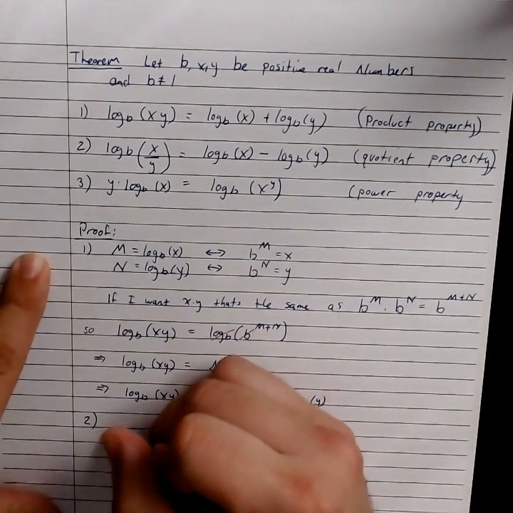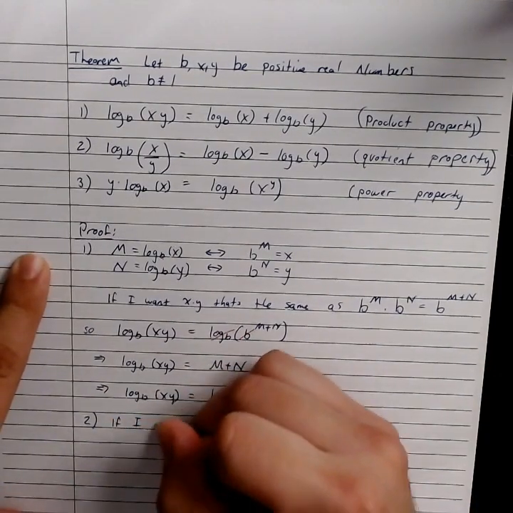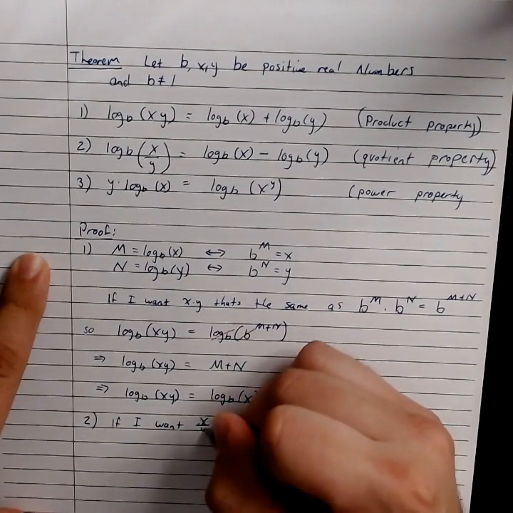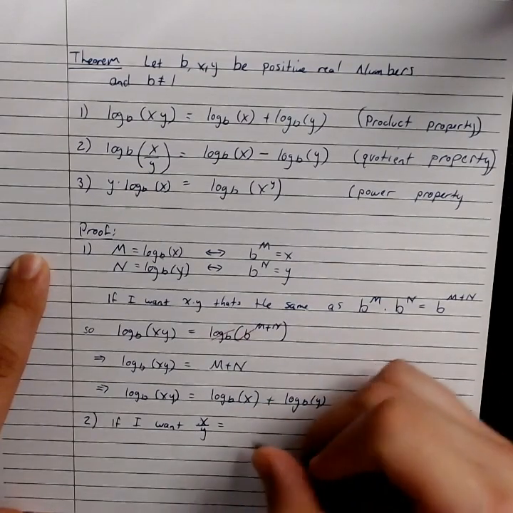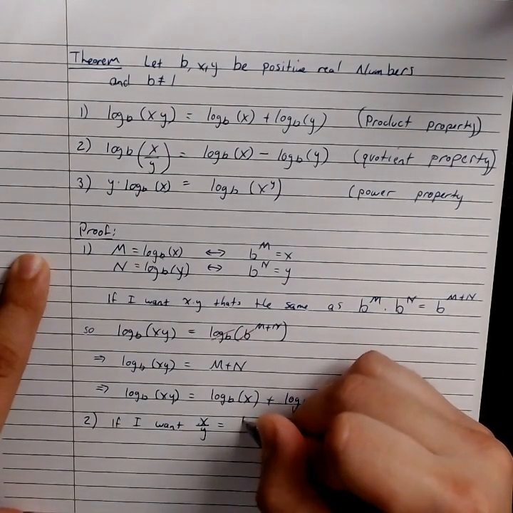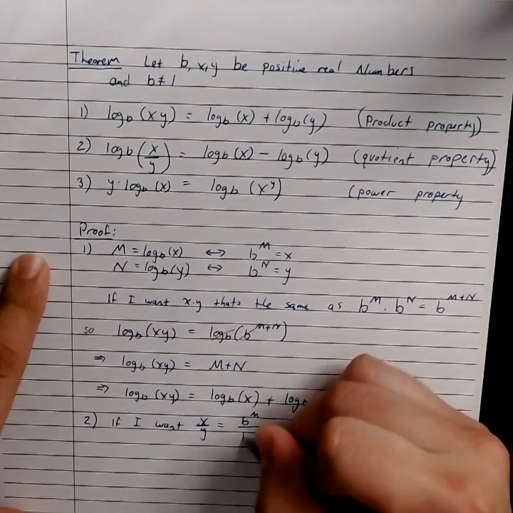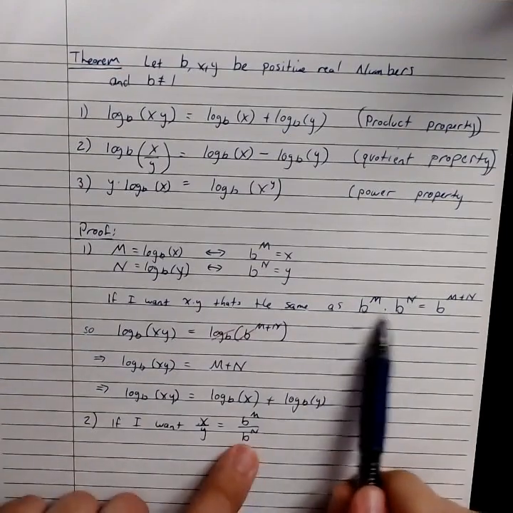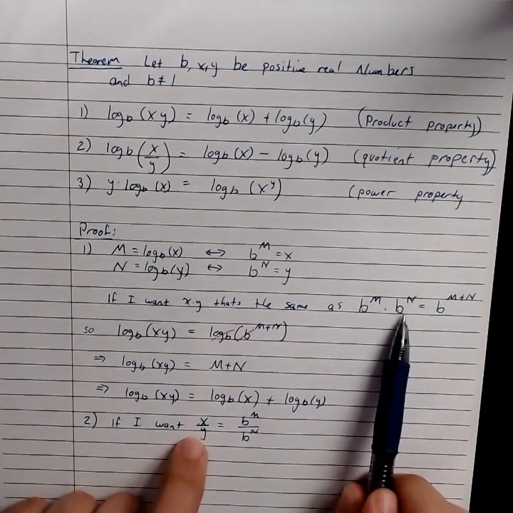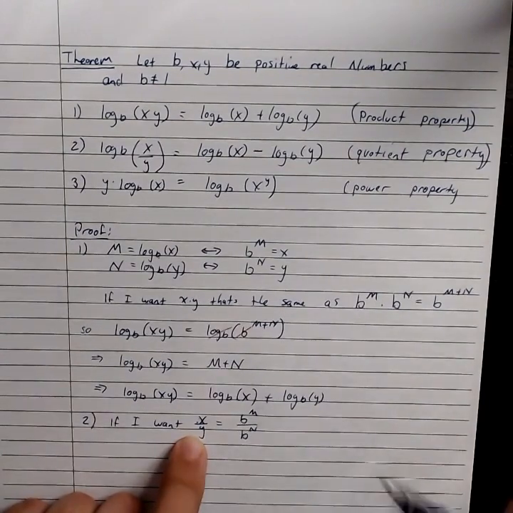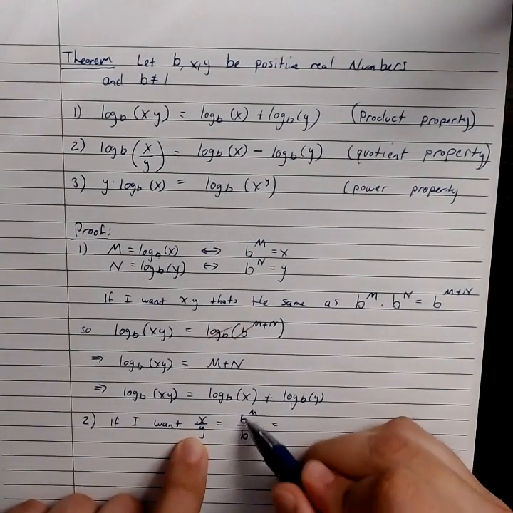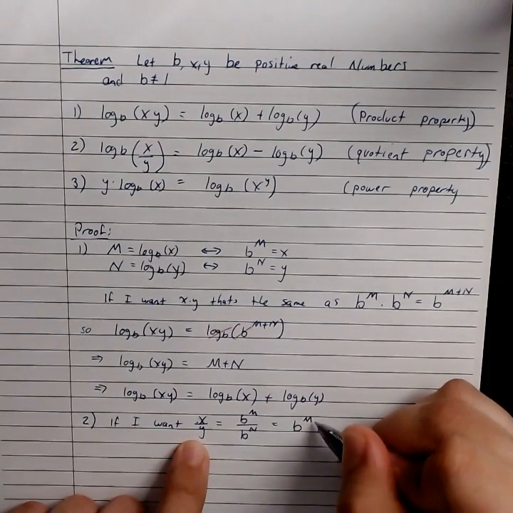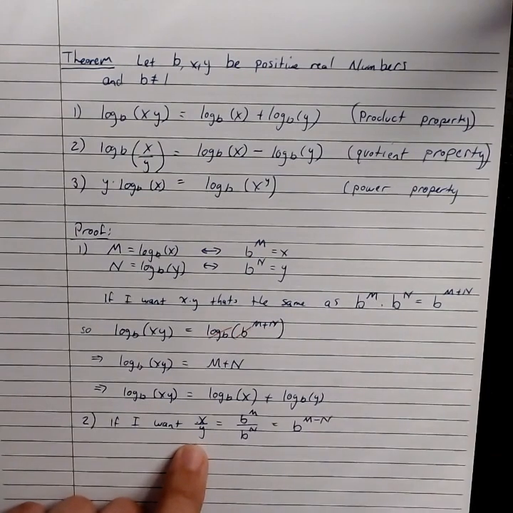Now, if I want x divided by y, then that's going to be the same as b to the power m divided by b to the power n. All right? If I multiply x and y, that was multiplying these two. So now dividing x over y will be dividing these two. But again, if you have two things with the same base and you're dividing them, the way you do that is you subtract their powers, the power of the numerator minus the power of the denominator.